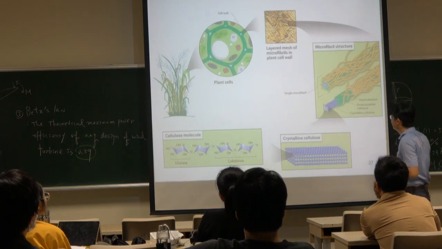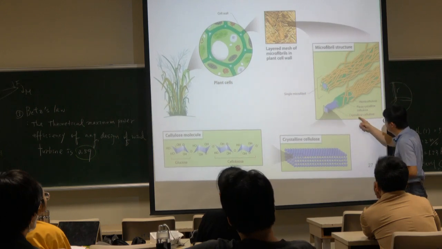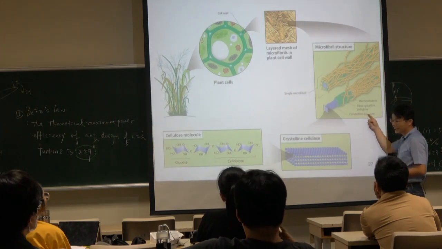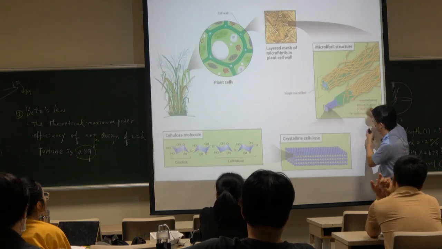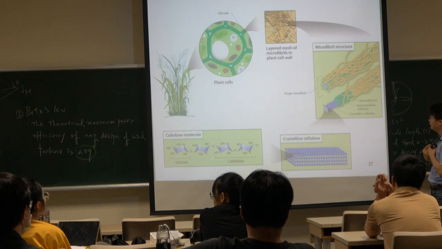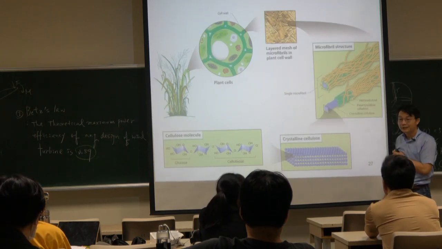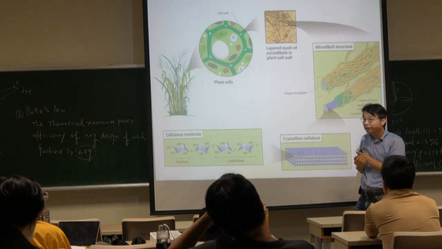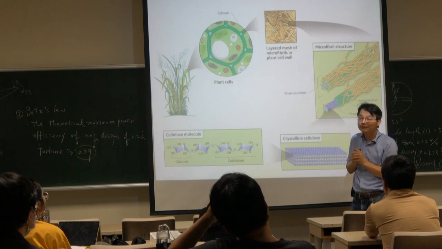The inside blue color right here is the crystalline cellulose. And then surrounding the blue crystalline cellulose, there is hemicellulose. Hemicellulose is, I would say, semi-cellulose.